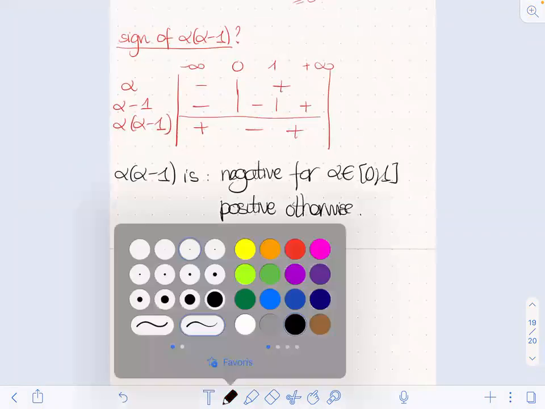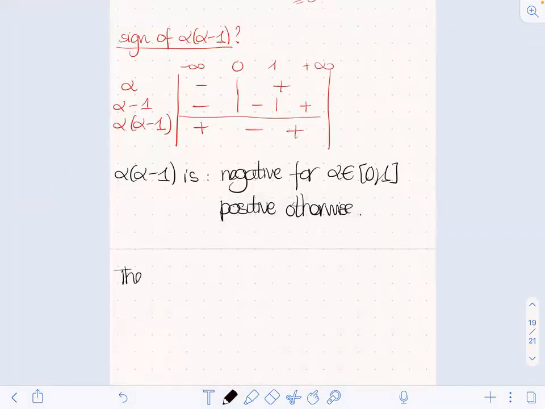Exactly. So therefore G alpha is convex for alpha in R from which we remove 0, 1.